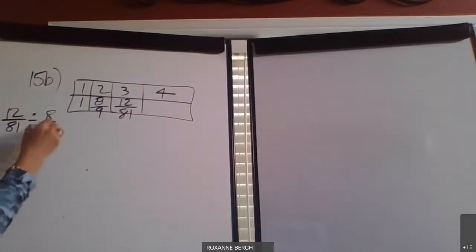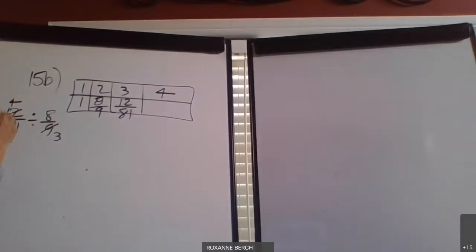So watch this. If you divide by 3, you get a 3. And if you divide by 3, you get a, can't do that yet. You've got to take the reciprocal. So this would be 12 over 81 times the reciprocal. Can you guys see this?